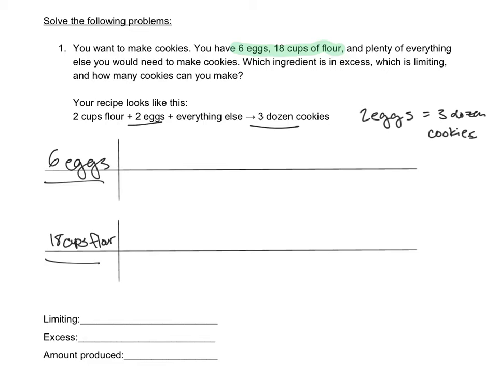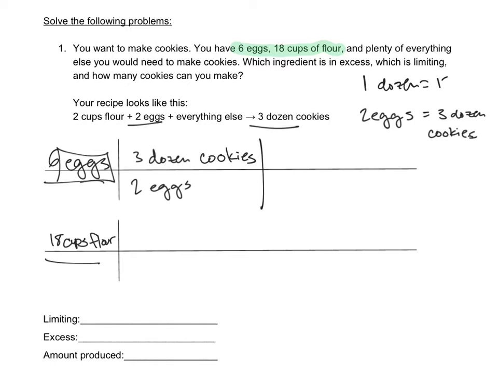Just like we always do, whatever unit's on top goes on bottom next. So we'll put the 2 eggs on bottom and the 3 dozen on top. We also know that 1 dozen equals 12, so 1 dozen cookies equals 12 cookies. We plug that into the chart to get rid of dozens.